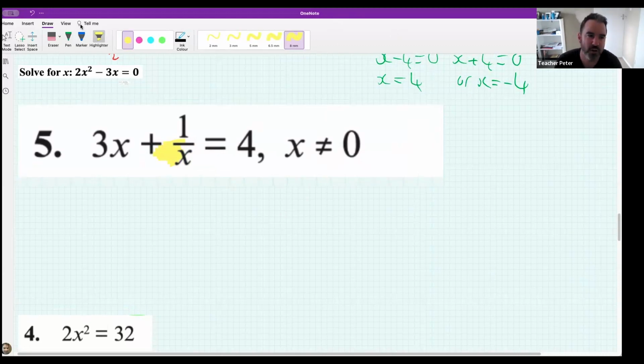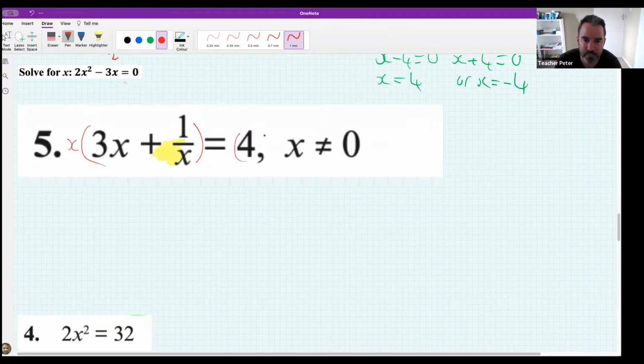Okay, so what you need to do is multiply both sides by the thing that is causing the problem. And the thing that is causing the problem is the x. Now, x can't be 0 because of division by 0, so we have to watch out. But basically what I do is I put both sides in a bracket and multiply by x. Now, this side, you get 4x.